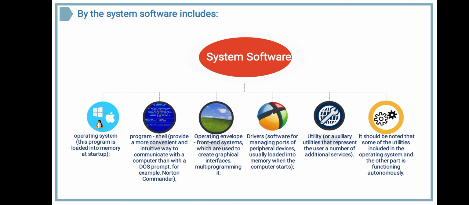The fifth is utilities, or auxiliary programs, that provide the user a number of additional services. It should be noted that some of the utilities are included in the operating system and others function autonomously.